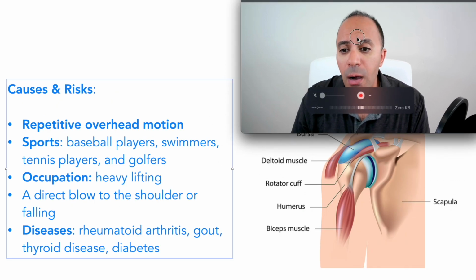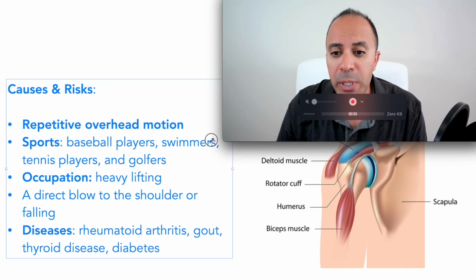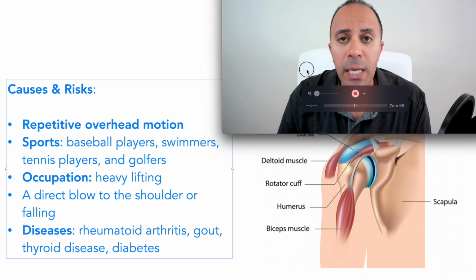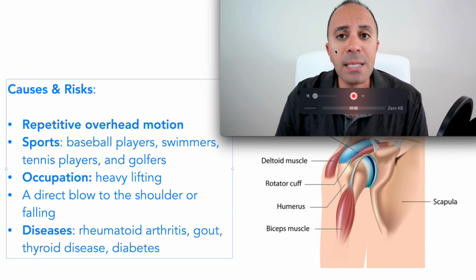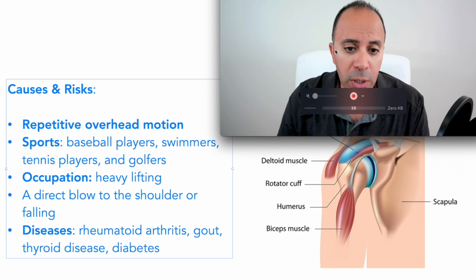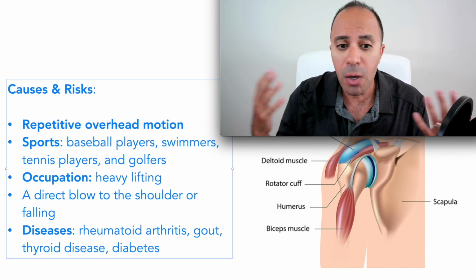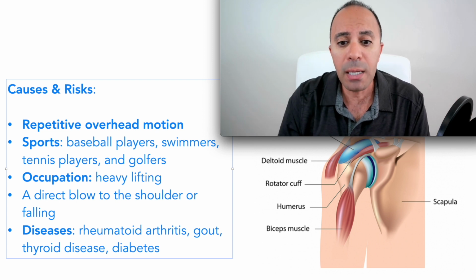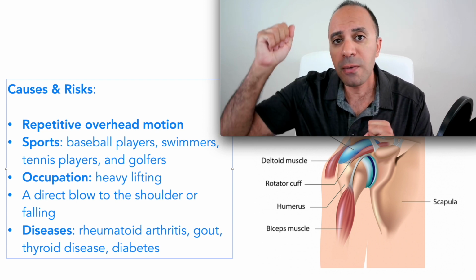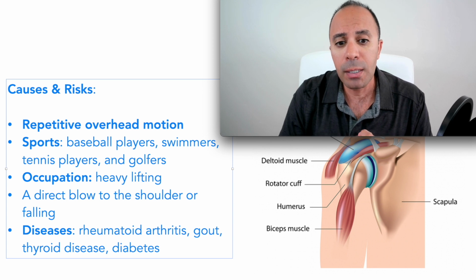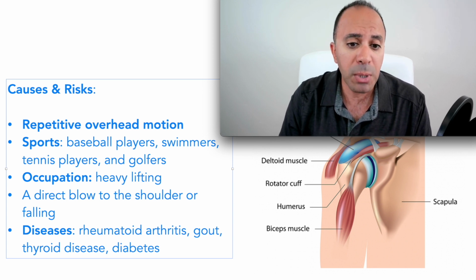So what are the causes of bursitis, inflammation in the bursa? The typical cause is repetitive overhead motion, and that could happen from sports like baseball, swimming, tennis, or golf.